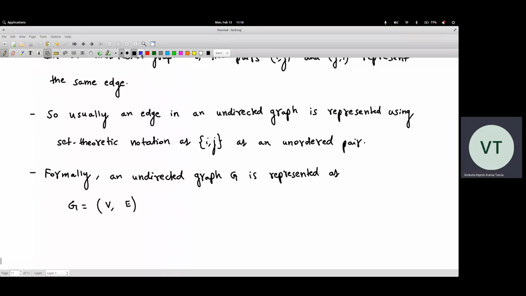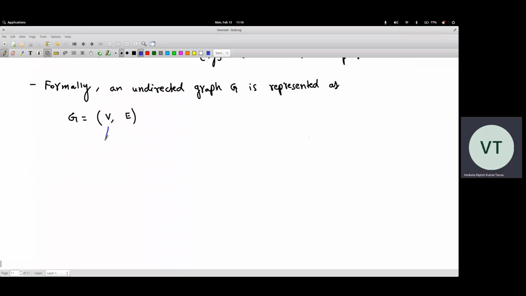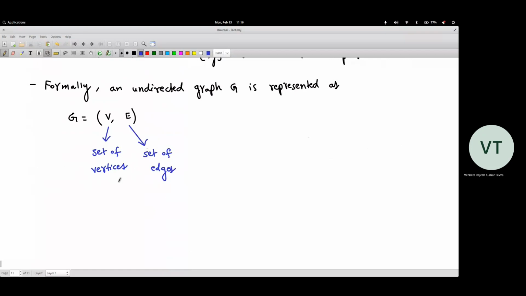So the first element in this ordered pair is the set of vertices. And the second element in this ordered pair is the set of edges. All right.